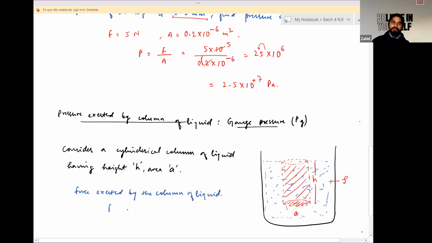Force equals mass times gravity. Mass equals density into volume. Density of liquid is rho. Volume of this cylindrical segment will be area into height. So it will be rho A h into gravity.